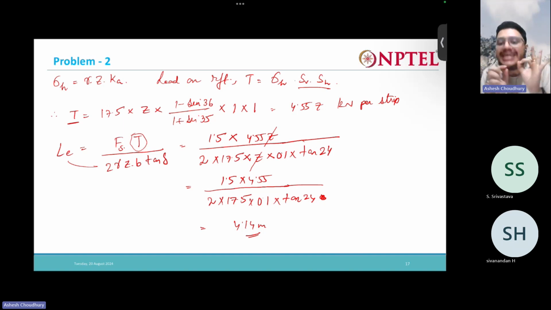The load coming on each strip is 4.55 times Z. So what will be the total load that is taken by all the strips together? How to do that?